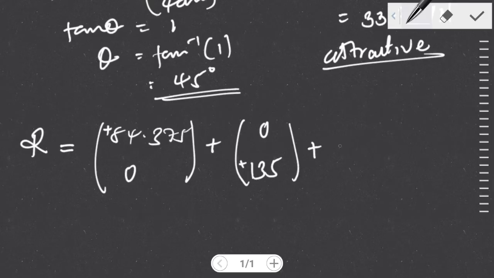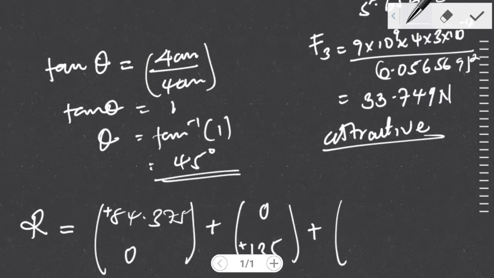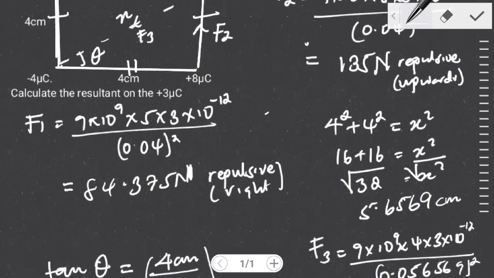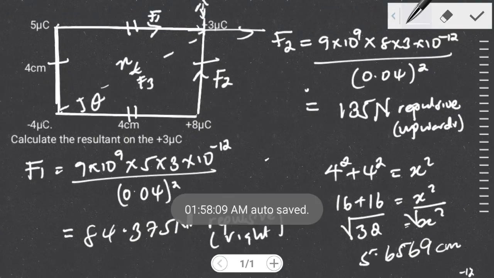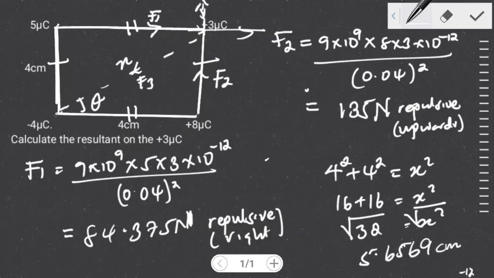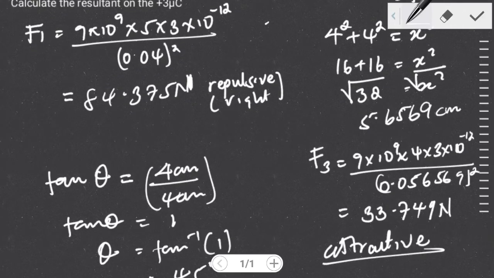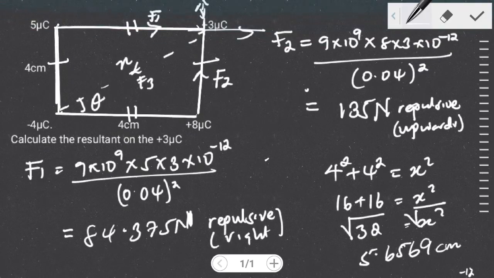Then plus, now let's go to force 3. Force 3, we are having 33.749. If we consider the direction of this force, the force is attractive but downwards. So if I obtain the cos of 45, the force which is 33.749 will be moving in the negative x direction.